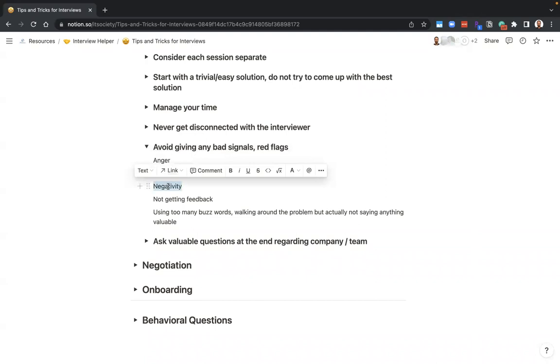Negativity, always seeing the negative side of things, is also somehow a bad signal, not a red flag maybe, but a bad signal. Not getting feedback, as Mujahid told.